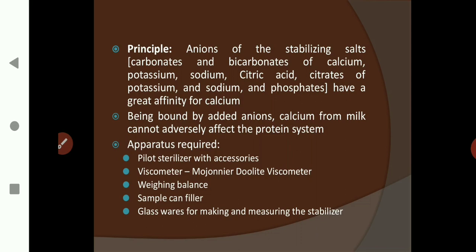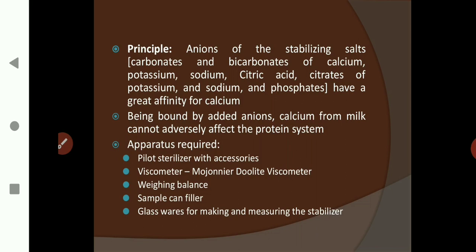What is the principle? What happens? We'll discuss the heat stability of concentrated milk in another class. It is a big topic. But in short, when milk is concentrated, the calcium affects the stability of milk protein, and when you sterilize the milk, it will coagulate.